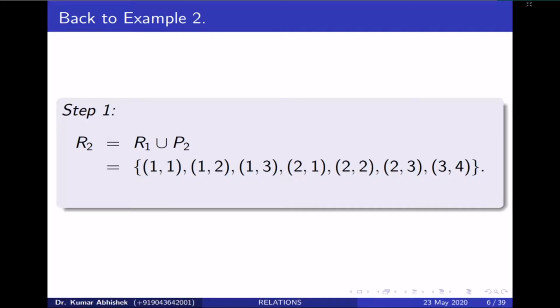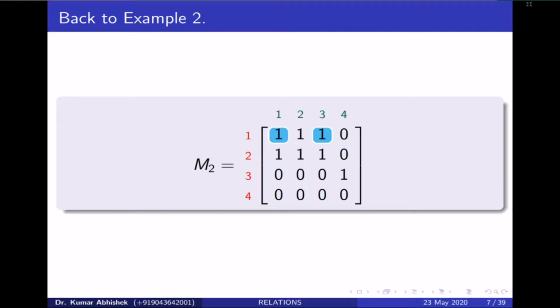Now we will test whether this relation R2 is transitive or not. For that, I will construct the matrix M2 of the relation R2, and here I have highlighted the entries corresponding to the P2 which has been added to the relation R1 to get the matrix M2.